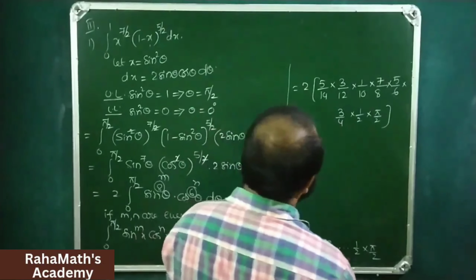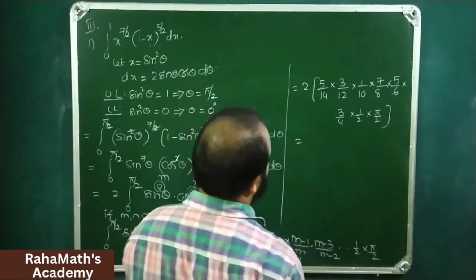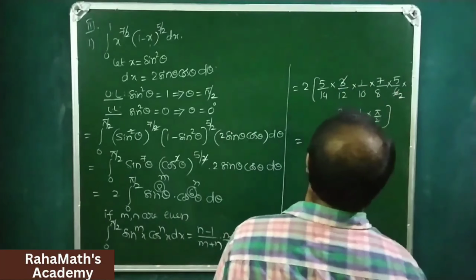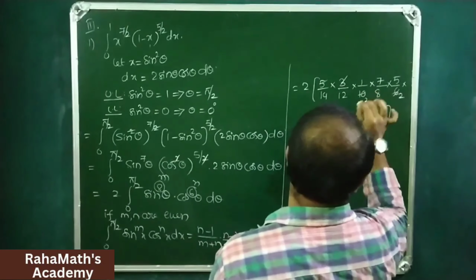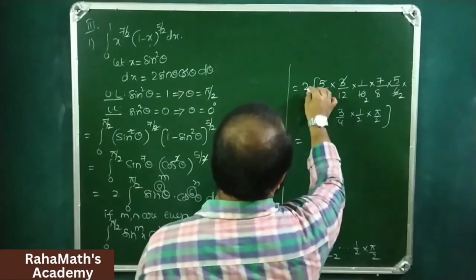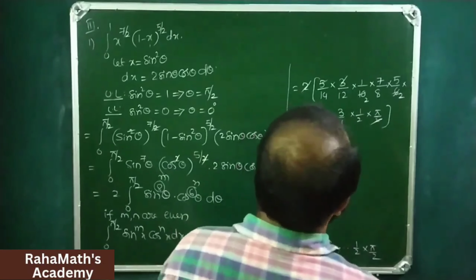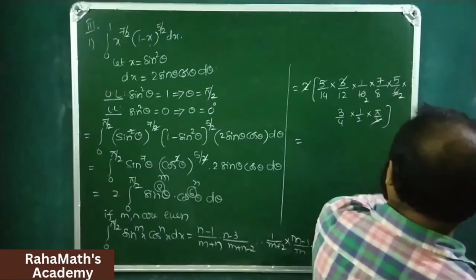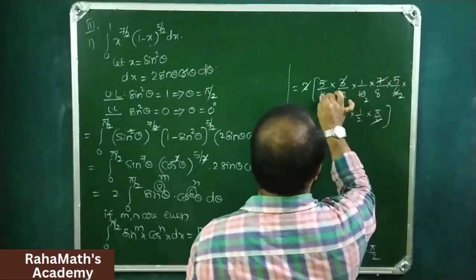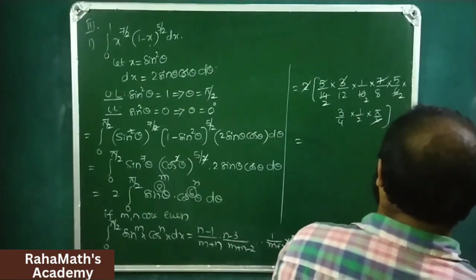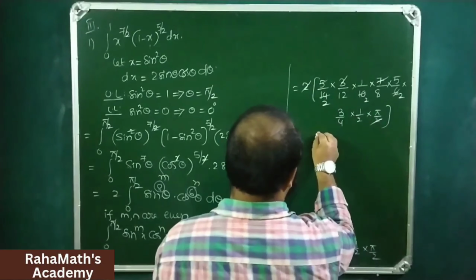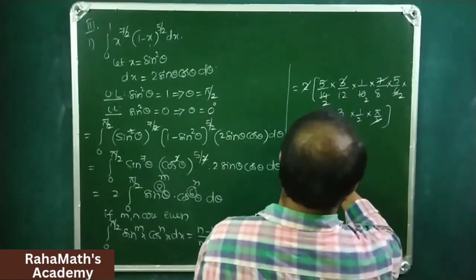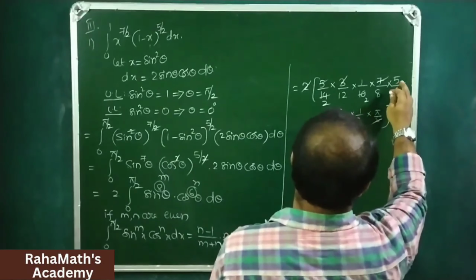Now see this. This is equals to 3 2s are 6, 5 2s are 10. Next, this 2 gets cancelled, and that's it. Whatever is left will be the final answer. And 7 2s are 14. That's it. So 5 by 5 into 3 also. So this is into 3 by 4.